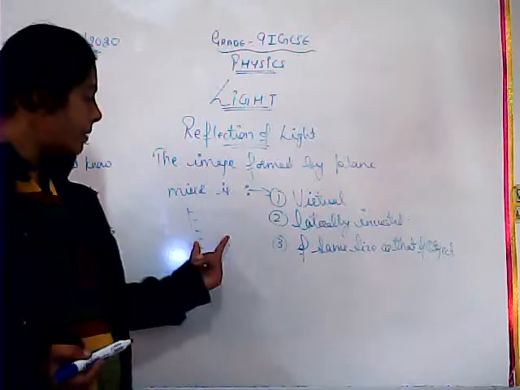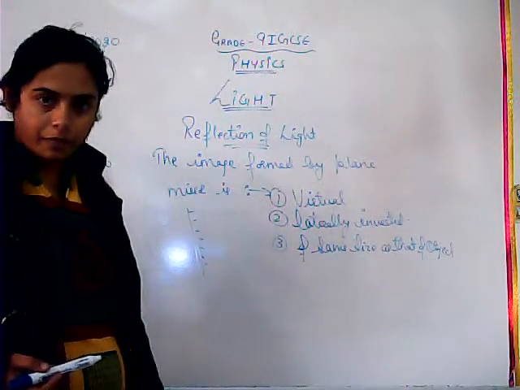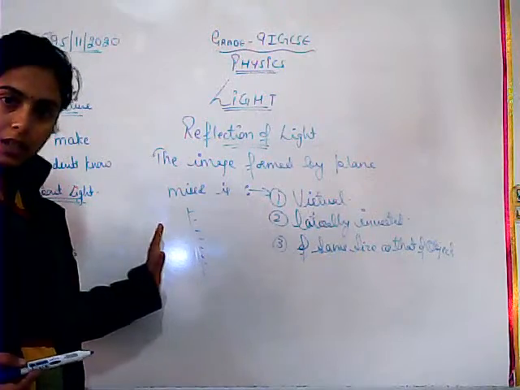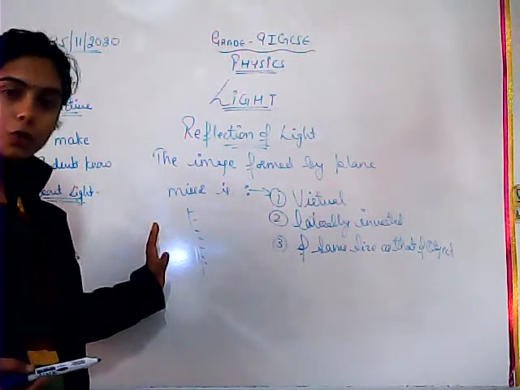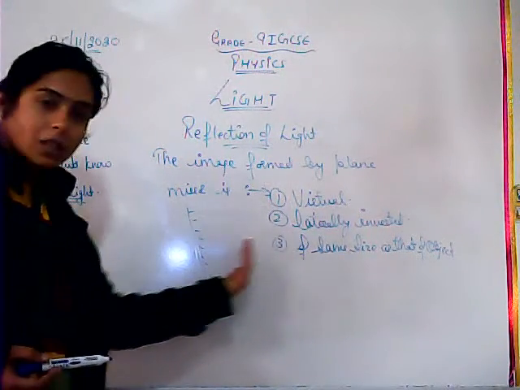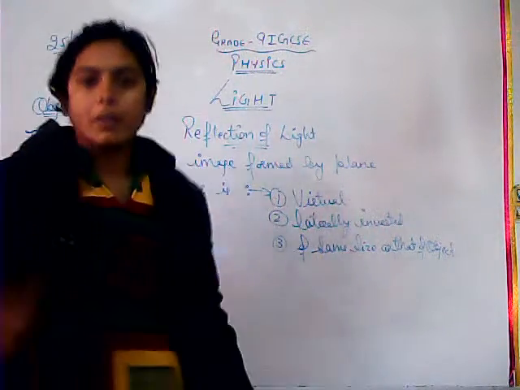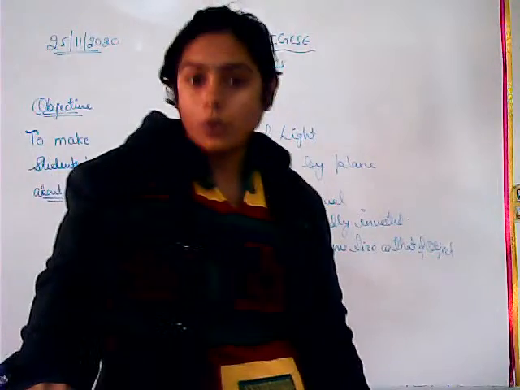Your image will also be formed 5 meter away from the mirror. Fine. If you come close, you come to a distance of 2 meter, then the image also comes that close.